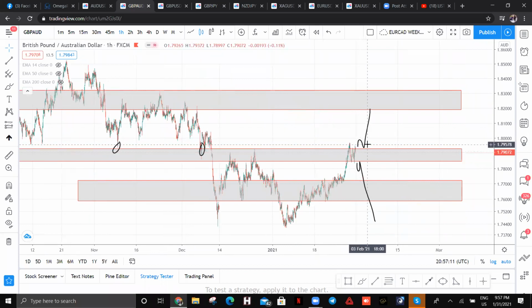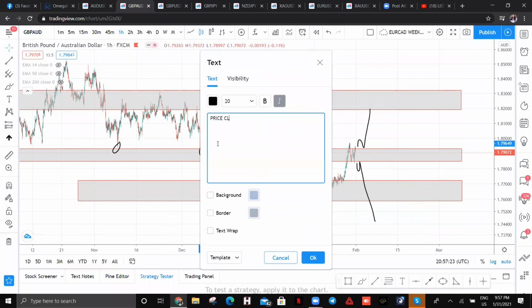But before that, I have to wait for price to close above 1.79500. If price closes above 1.79500, we buy. If price closes below 1.78300, we sell.